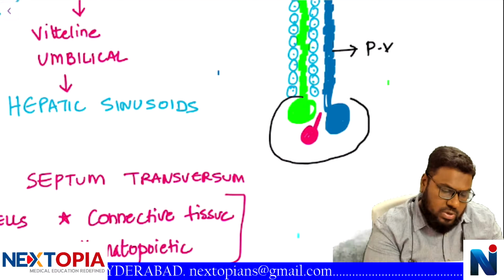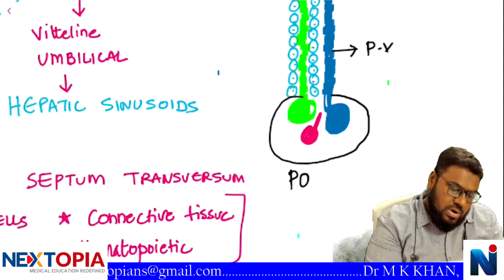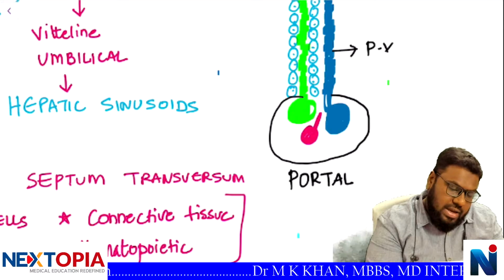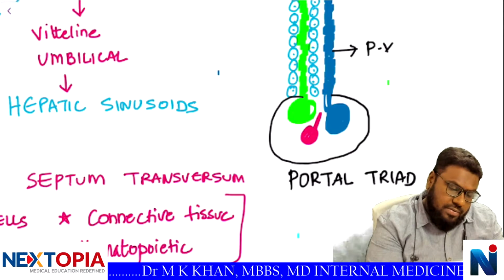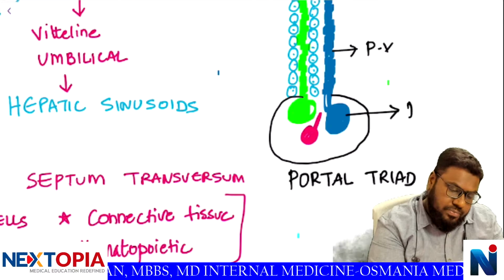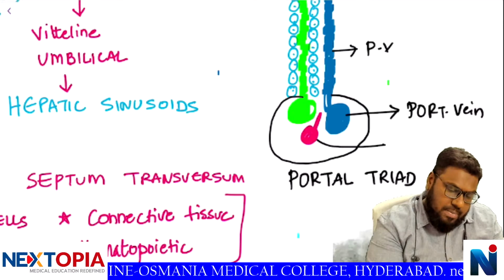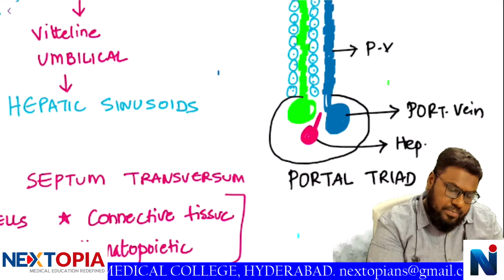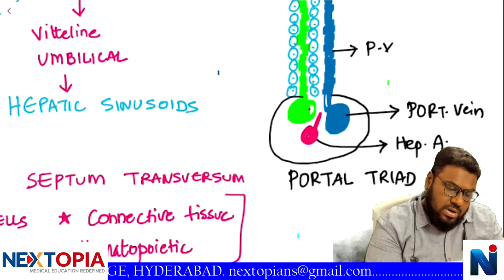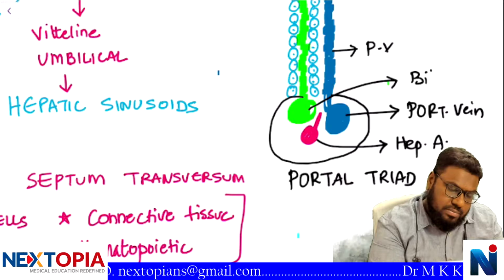This is called as portal triad. So what are the contents of portal triad? We have got a portal vein, we have got a hepatic artery and we have got a bile duct.